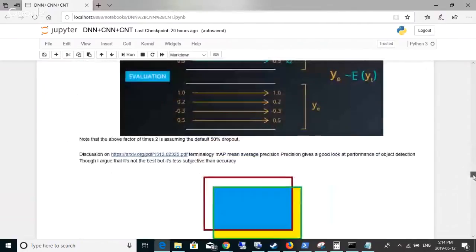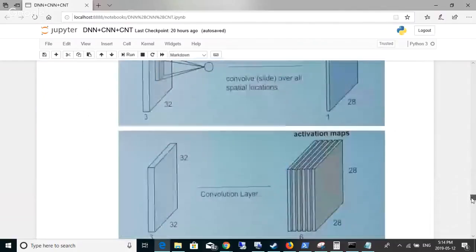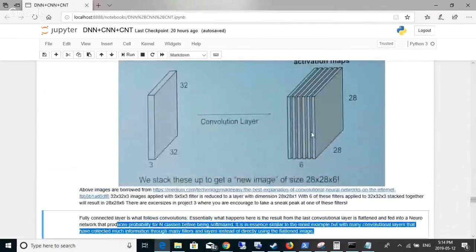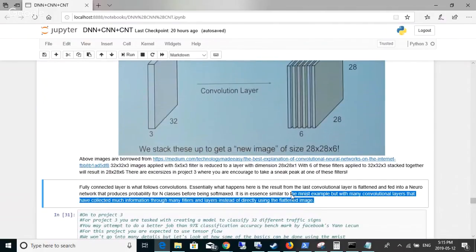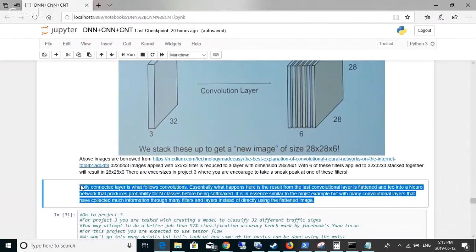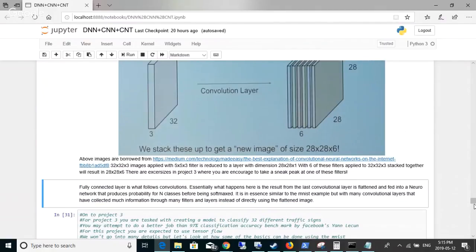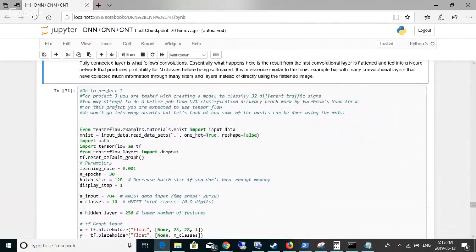But now, instead of taking just the flat image, you're taking a lot of convolutions and filters, and you collect a lot more information, more useful information at that, right? Okay.